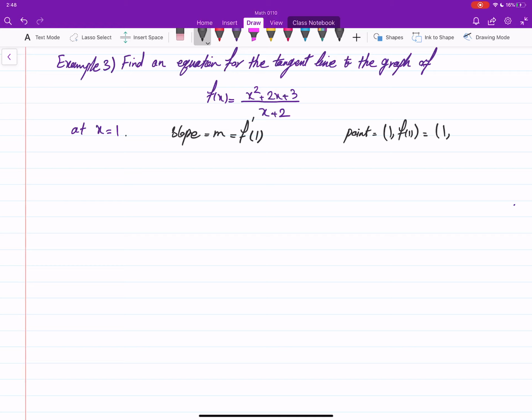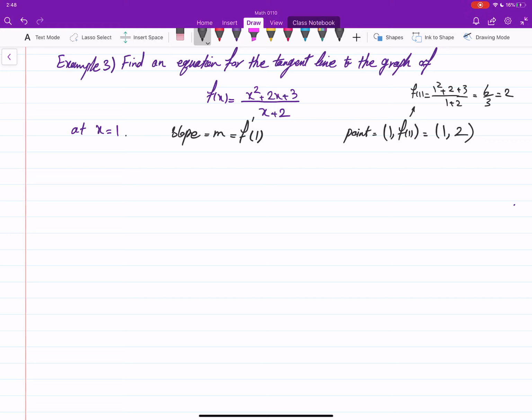If you plug in there, f at 1 is 1 squared plus 2 plus 3 over 1 plus 2, which is 6 over 3, which is 2. So the point is (1, 2). We have a point, but we have to compute the slope. Then we find the point-slope form, and from there the standard one.